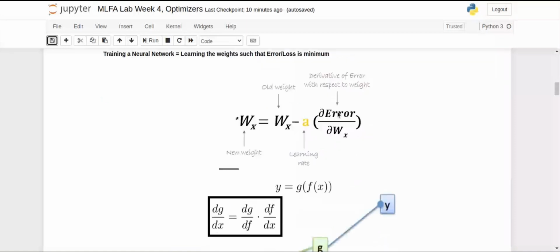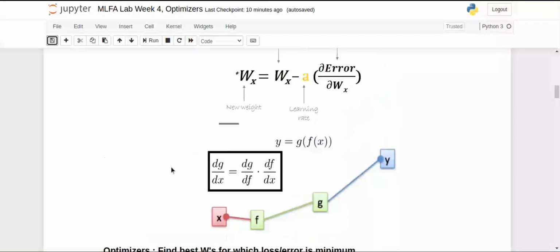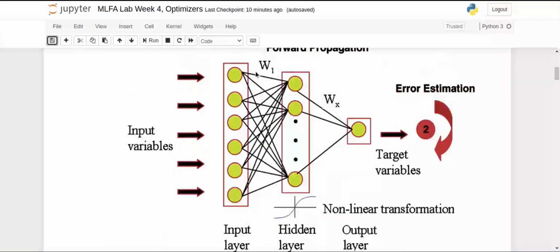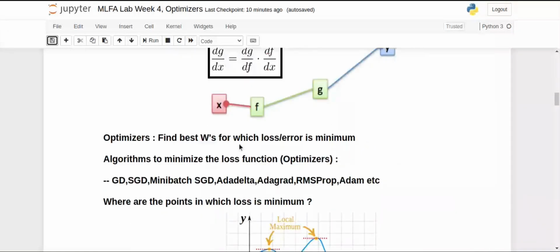So now I want to see for which weights the error is minimum. My objective is to calculate for which w's the error is minimum. For that, these optimizers come into the picture. The objective of the optimizers is to find the best w's for which loss or error is minimum.